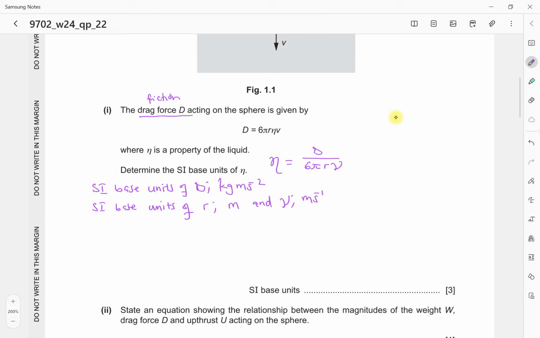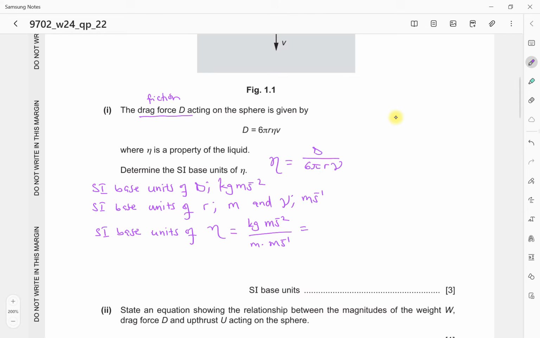So it means that the SI base units of nu is going to be those of D, which is kilogram meters per second squared, divided by, of course we ignore 6 pi, radius which is meters, times v, which is meters per second.